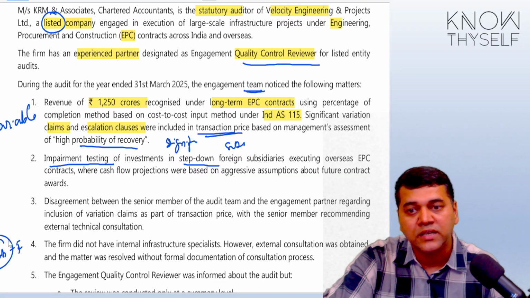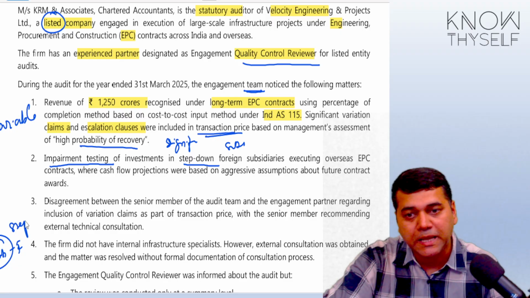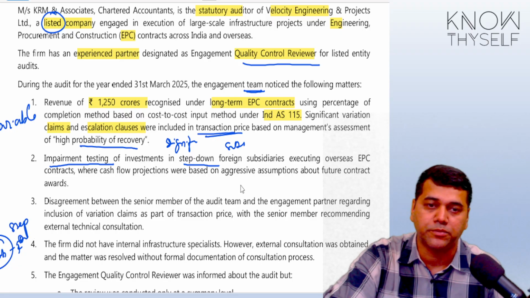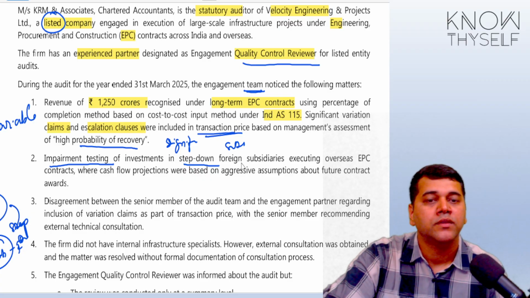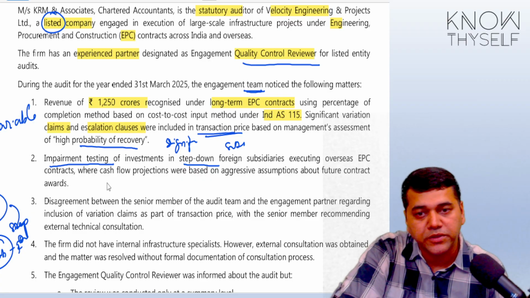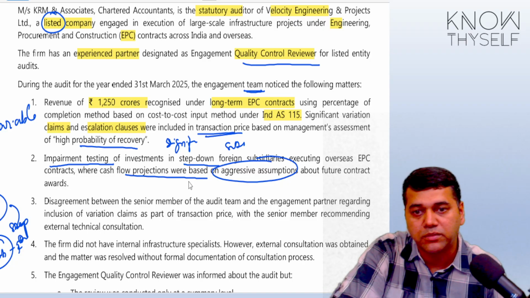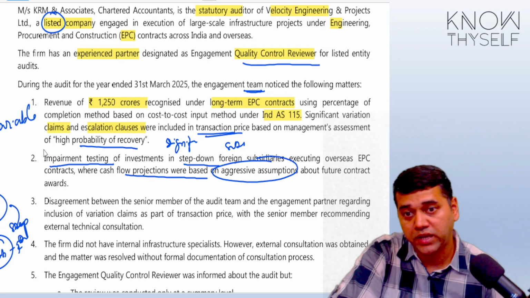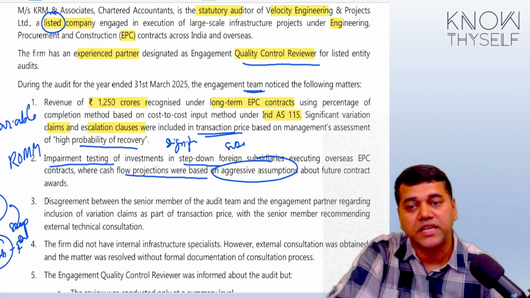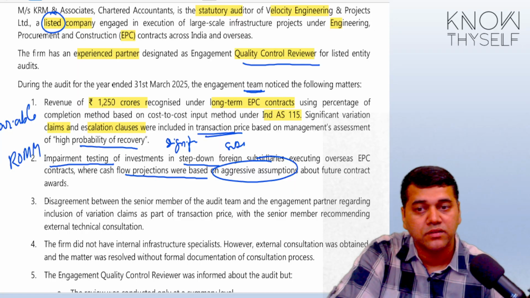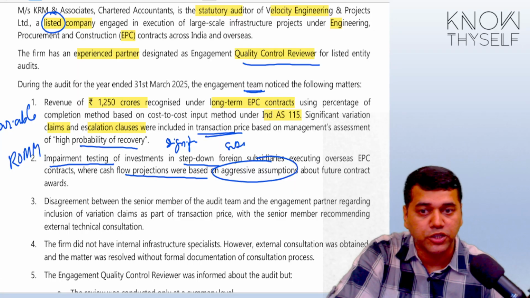This is called a sub-subsidiary or step-down subsidiary. It executes overseas EPC contracts where cash flow projections were based on aggressive assumptions about future outcomes. Again, there is a high risk of misstatement. Management can start playing with these numbers. This is also an important issue.